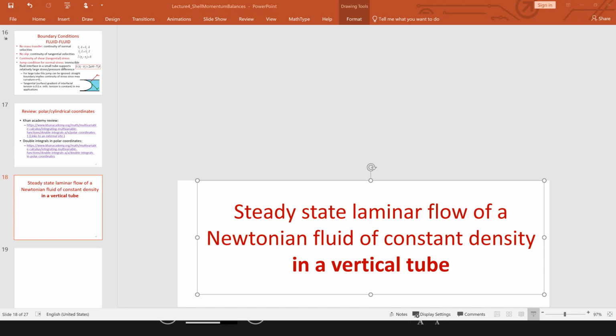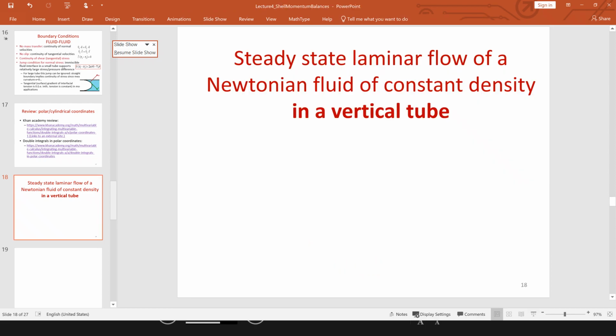Once connected, this computer is not communicating well with this projector, which is a common problem. Resume slideshow. How about this? Save.